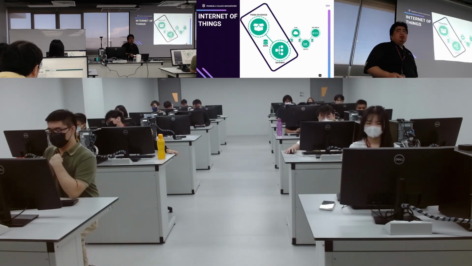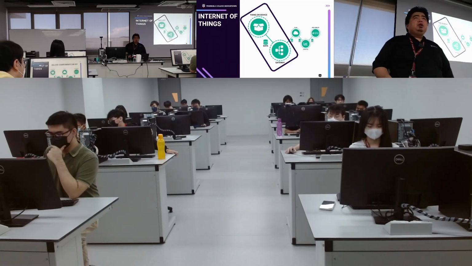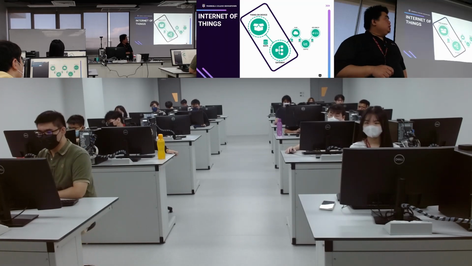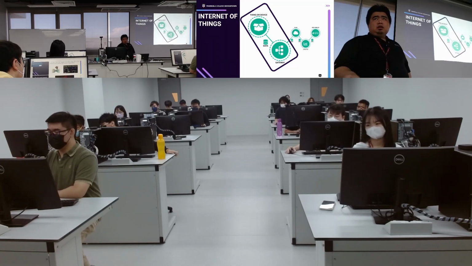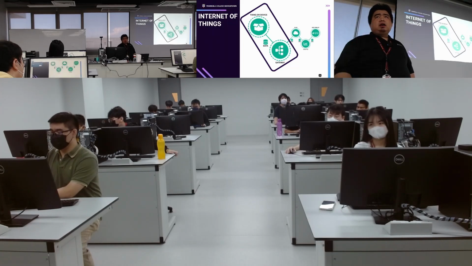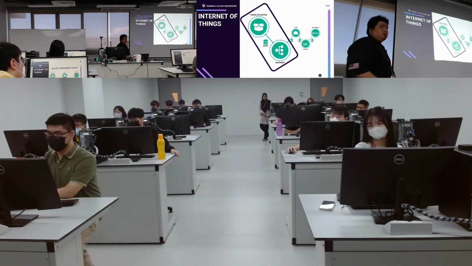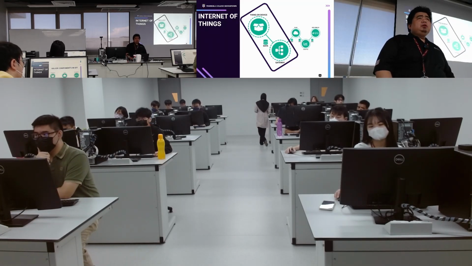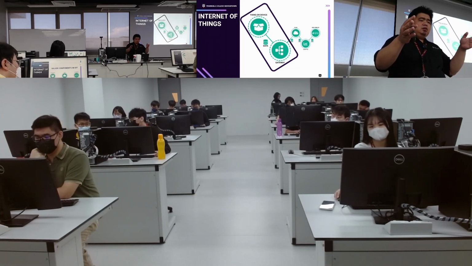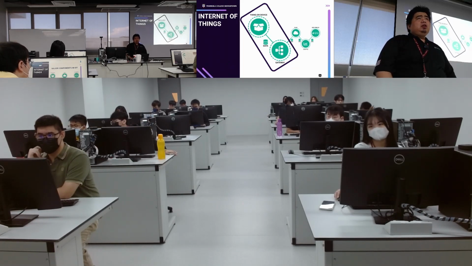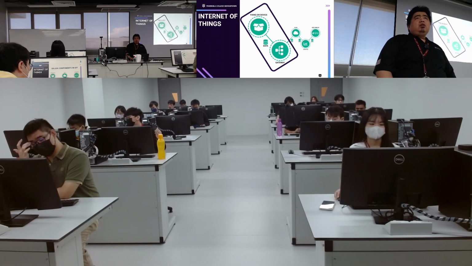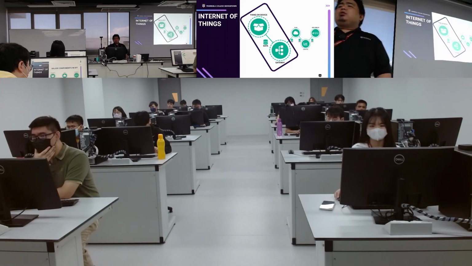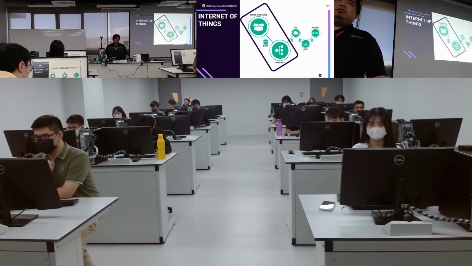If you look into the diagram that I showed you yesterday, we're going to cover this part, where your thing sends data to the gateway. In normal cases, they will create a small PC to become a gateway, either using a Raspberry Pi or a computer itself. Today, we're going to use this computer as our gateway.